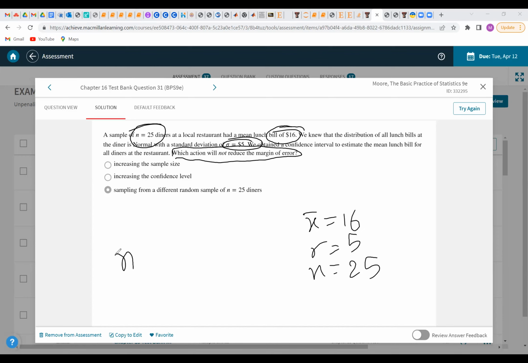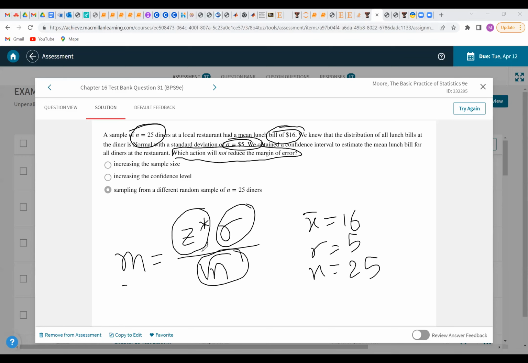So we know that the margin of error is equal to Z star times sigma over square root of n, right? So the margin of error will depend on Z star and the sample size. If we increase the sample size, we'll have a reduced margin of error.